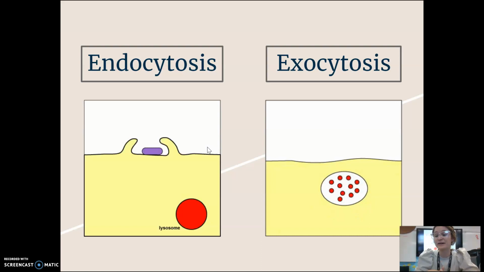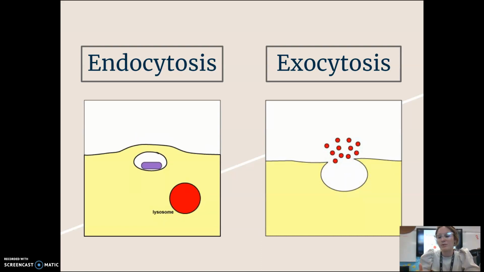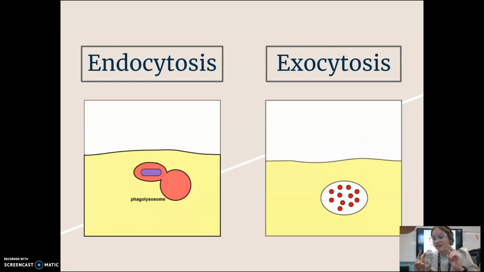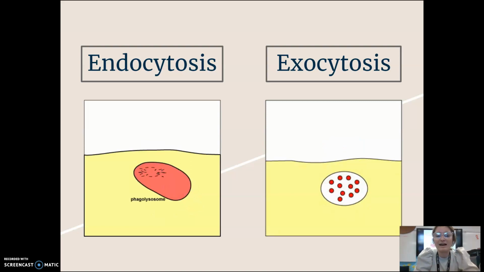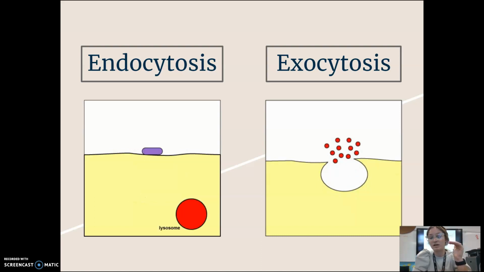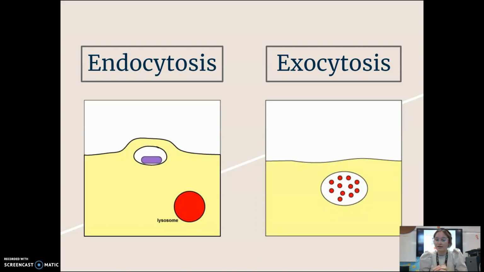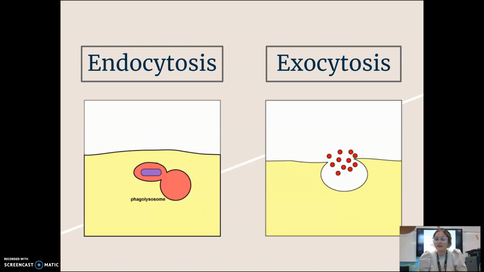And I've got 2 GIFs to just demonstrate that process and how it works in like a short video format. So on the left we have endocytosis, where this purple molecule is sitting on the top of the cell membrane and it engulfs it, creating a vesicle in which it brings it to a lysosome.